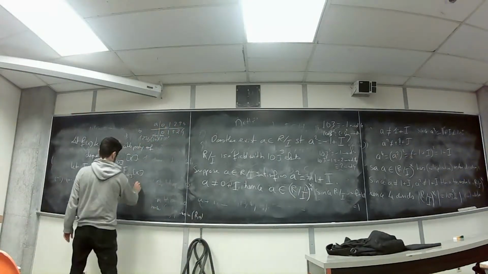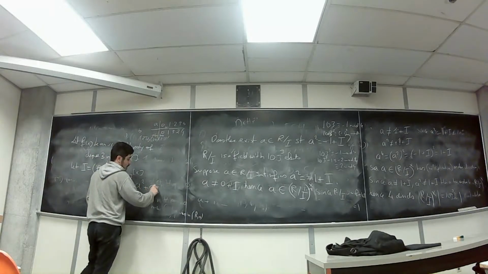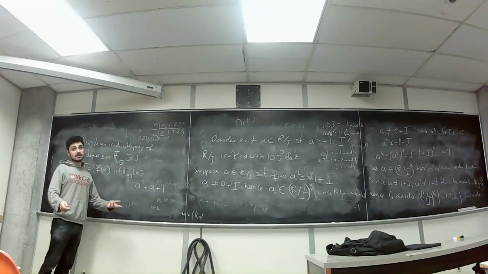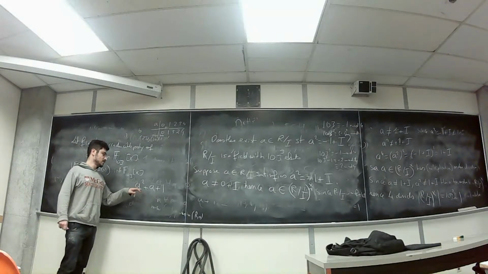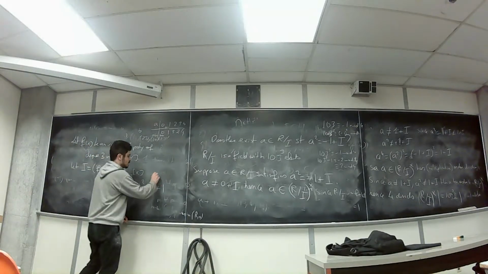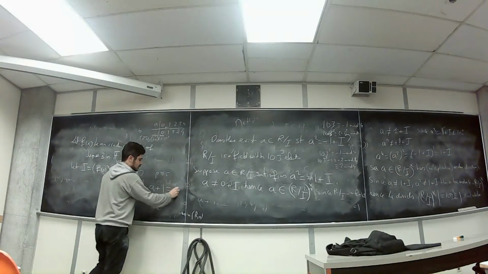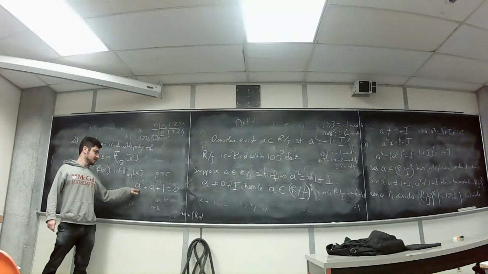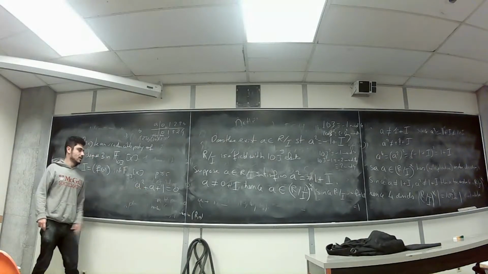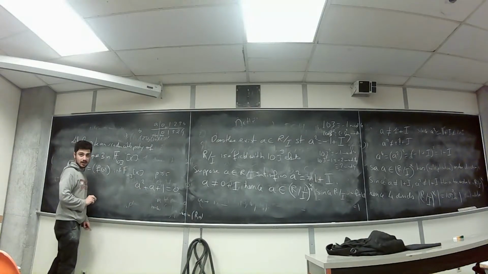Wait, if a cubed equals 1, then a is 1. Yeah, this is why I said p is bigger than or equal to 5. A squared plus a plus 1 cannot be 0 for a equal to 1 because p is bigger than or equal to 5. If p is bigger than or equal to 5, does plugging in 1 give you 0 or not? No. Okay. So a is different than 1. Agree?